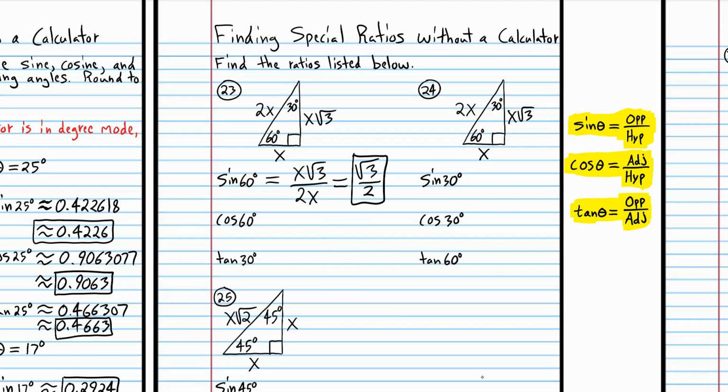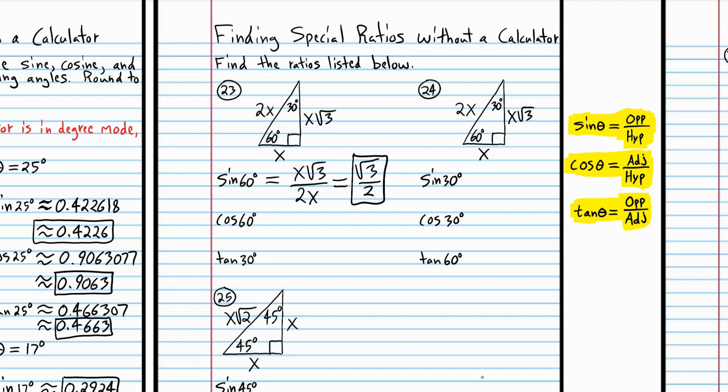This is what I meant before when I said it doesn't matter how big or small this triangle is, the ratio is going to be the same. The ratio of the opposite side and the hypotenuse, given that one of these acute angles is 60, we only need to know one because the other is defined immediately by the triangle sum theorem. If we know that angle, then the ratio is going to be the same no matter what. If you understand that, great.